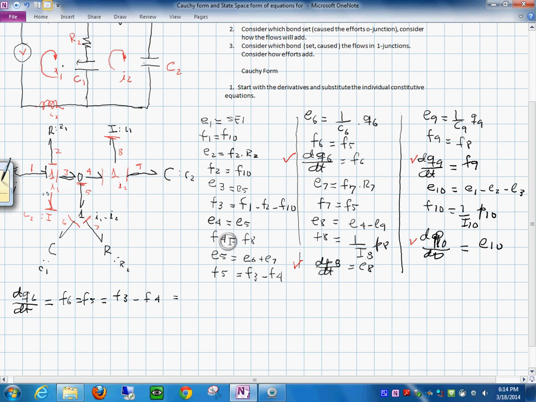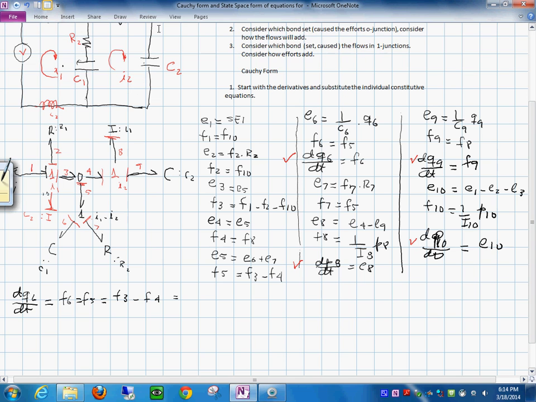And what's F3? Is this one, F sub 3? No, F sub 3 is F10. This one is caused by F10.